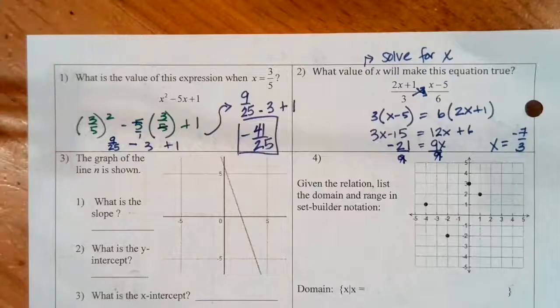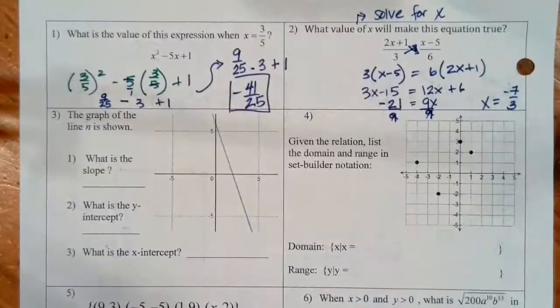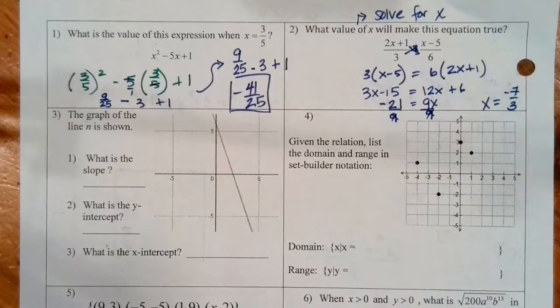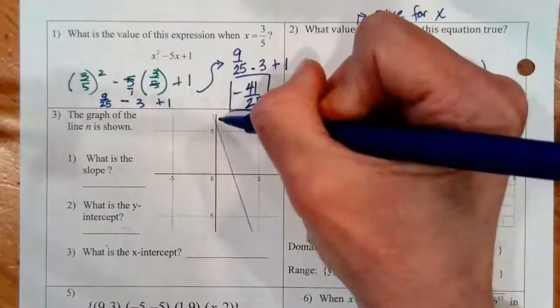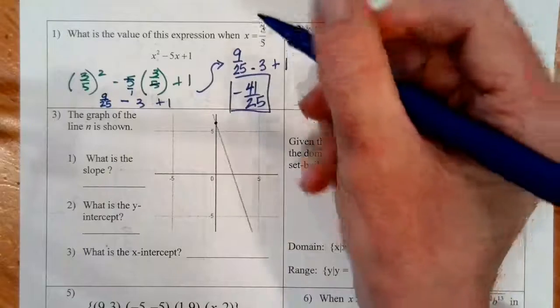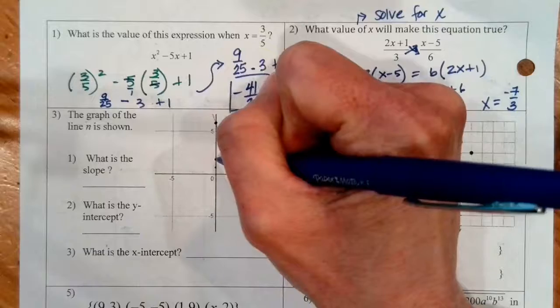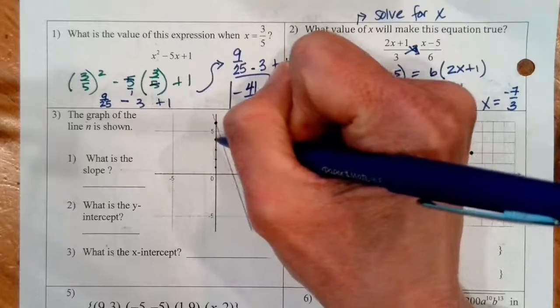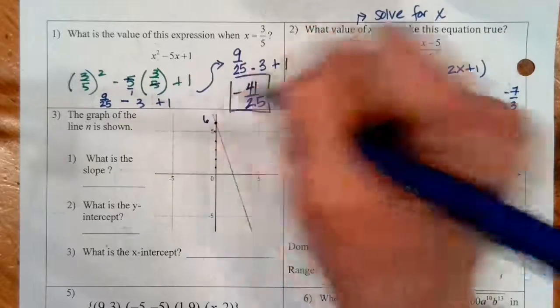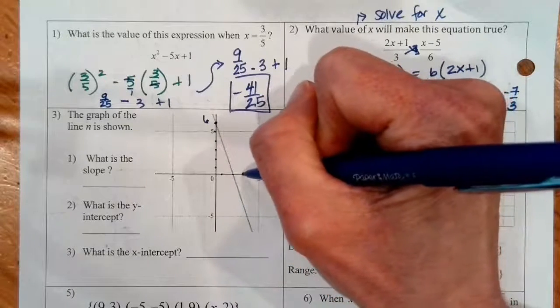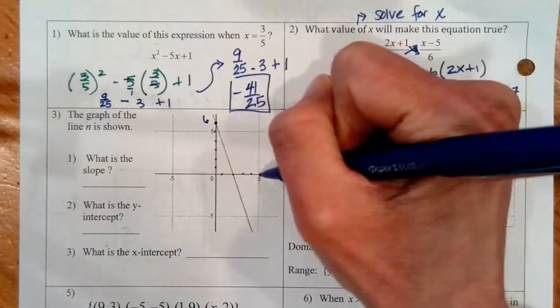The graph of line N is shown. What is the slope and what is the y-intercept? So kind of hard to tell. This looks like 1, 2, 3, 4, 5. We'll go with 6 and we'll call this 1, 2, 3, 4, 5.